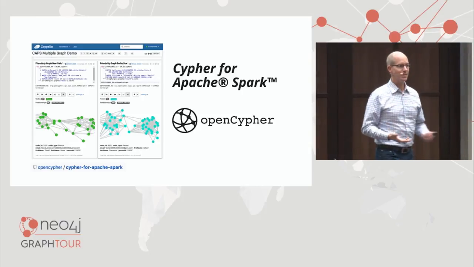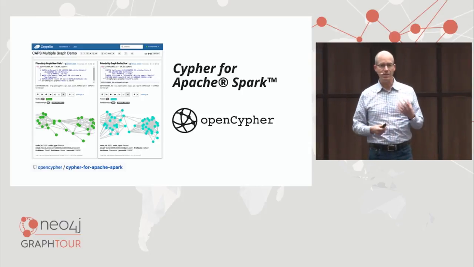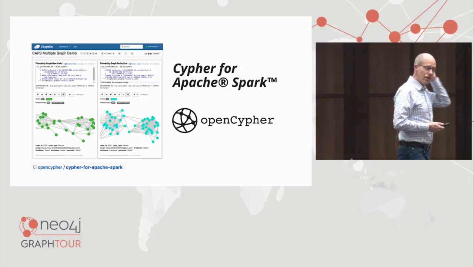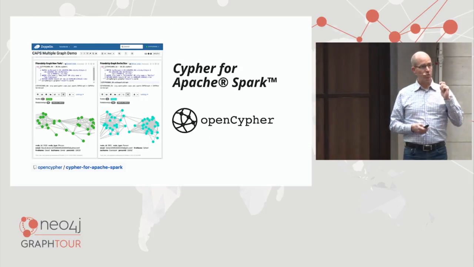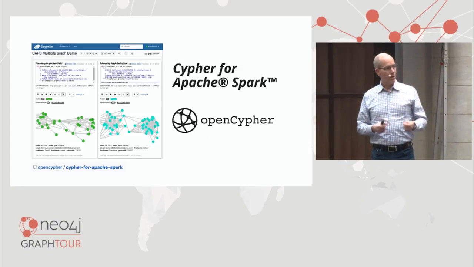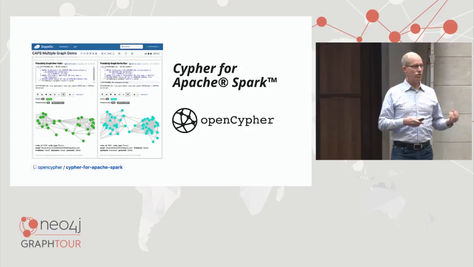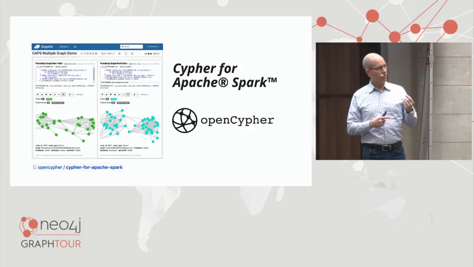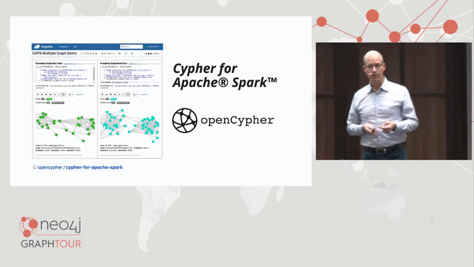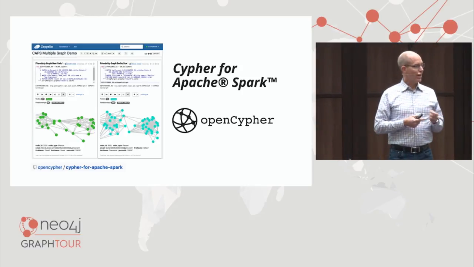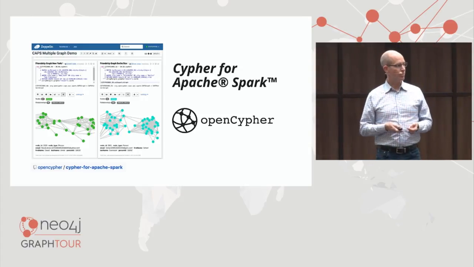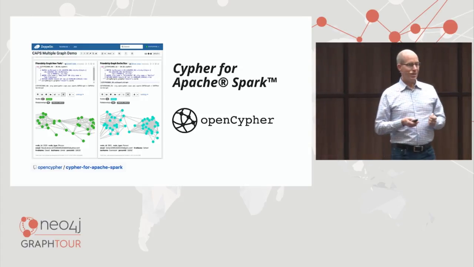On the surface, that doesn't sound like it's earth-shattering, but why it's interesting is because you can create graphs in Spark and then iterate Spark jobs on those graphs. Much like Spark SQL allows you to create tabular data in Spark and then iterate Spark jobs on that tabular data, Cypher for Apache Spark allows you to create graph data in Spark and then do iterative Spark jobs on that data.